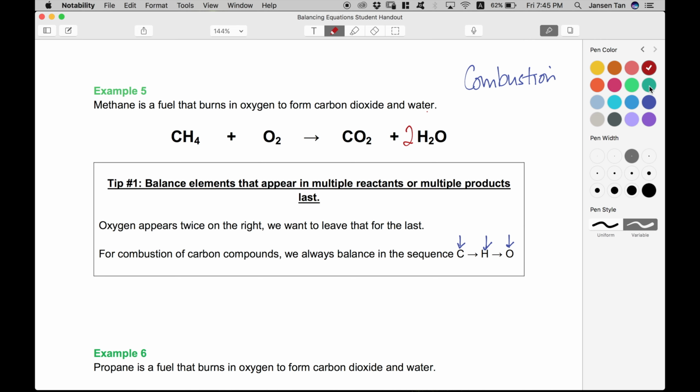There is quite a lot to look at for oxygen. There are 2 here, there's 2 here, there's 2 here. Okay, on the right I have a total of 4. So to balance oxygen, I will put a 2 in front here. Okay, so this is the balanced chemical equation.